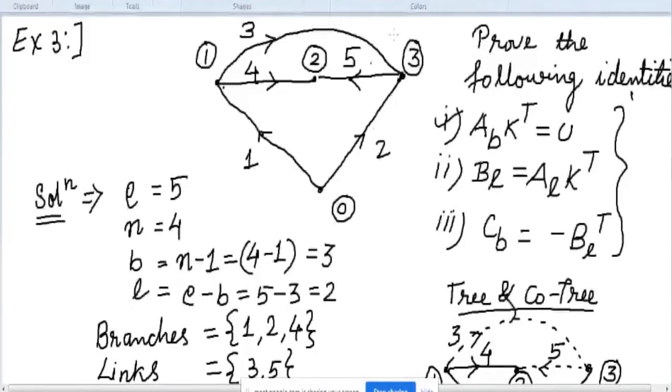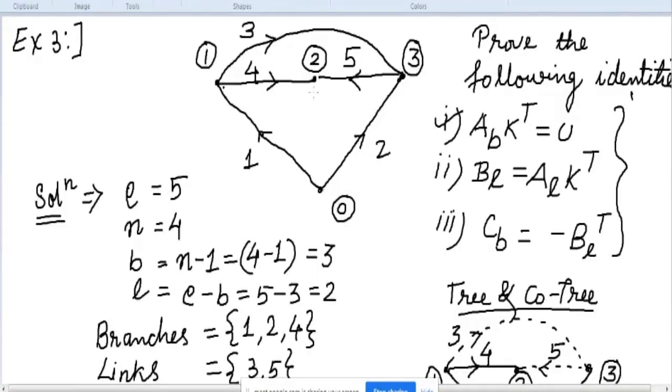Similarly, there is a reference node 0 which is provided, and these are the elements given in the problem, that is 1, 2, 3, 4, and 5. Also, all the orientations are given in the problem itself, that is, the directions of all the elements are already given. So we need not change any direction as per our wish.